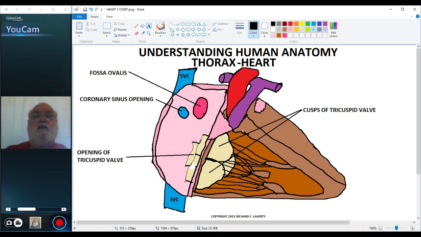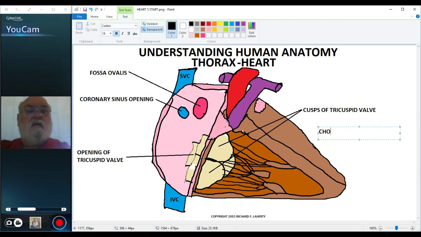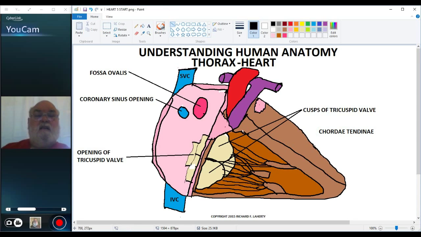We have the Chordae Tendineae, and those are there.